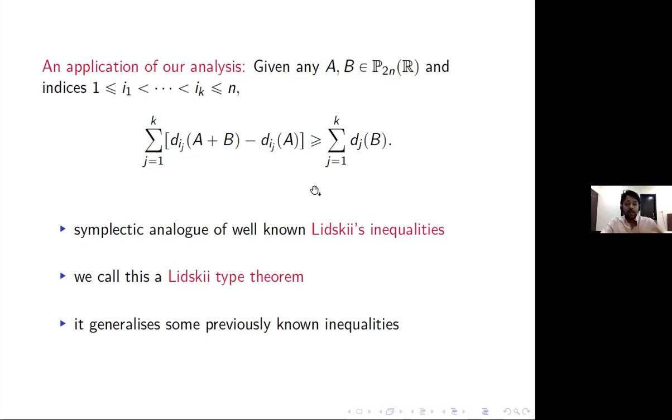We can consider some particular instances of choosing these k indices, and different choices give different inequalities. It generalizes some previously known inequalities.